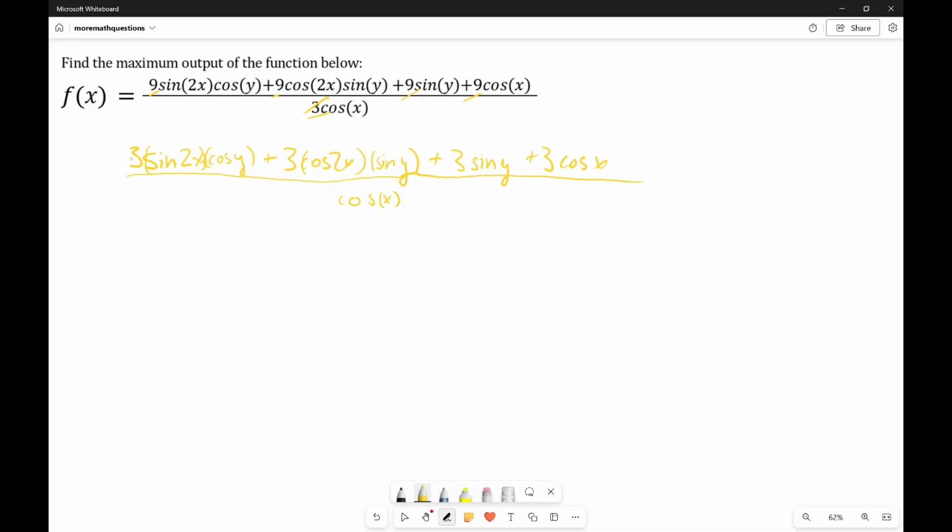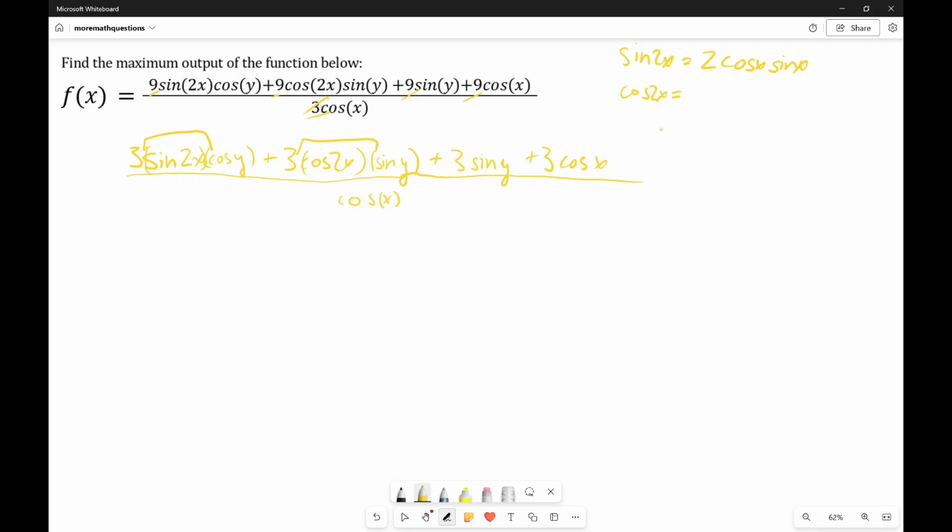And we can simplify the top part of the fraction by expanding these terms over here, sine 2x and cosine 2x. So let's just do that. We should know our identity of sine 2x being equal to 2 cosine x sine x. And then we should also know about our cosine 2x identities.